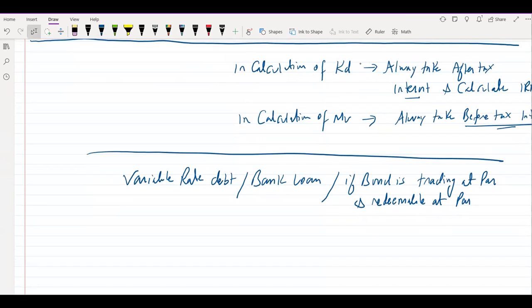So in all three cases, case number 1, case number 2, case number 3, formula is simple.